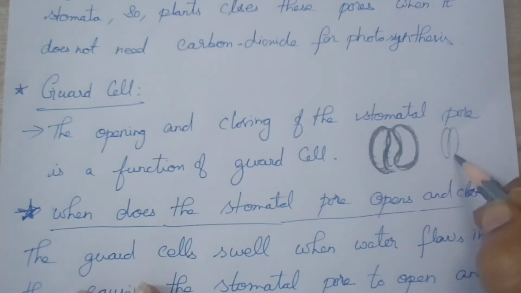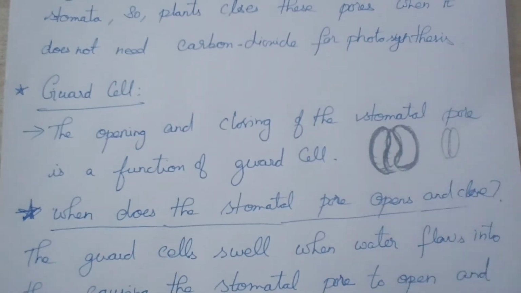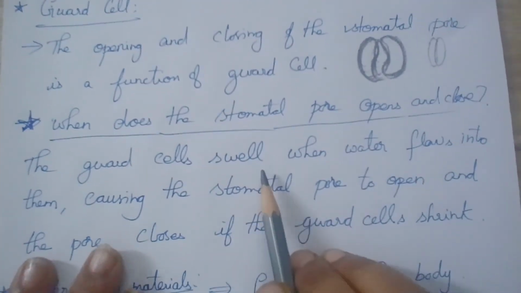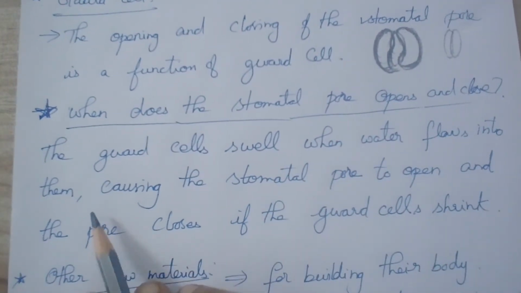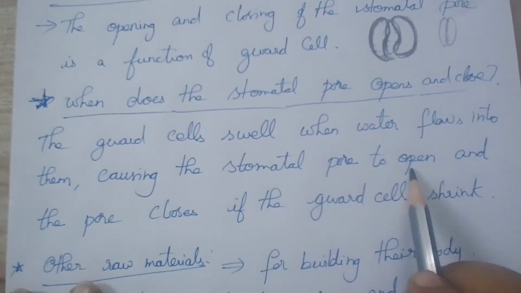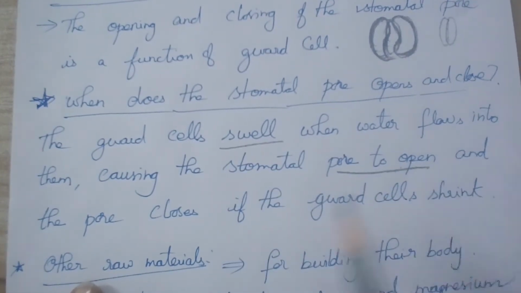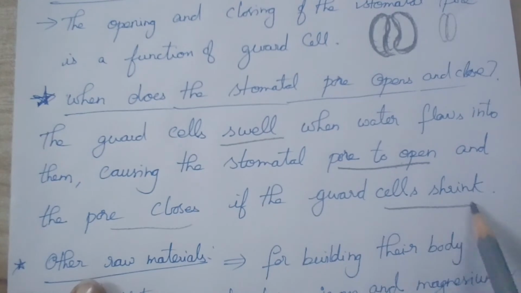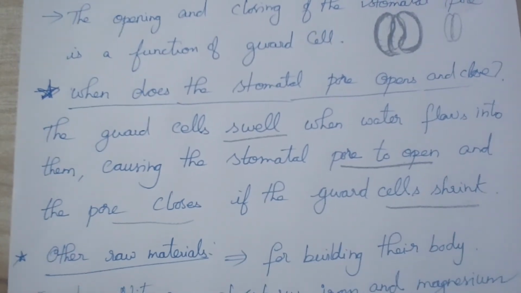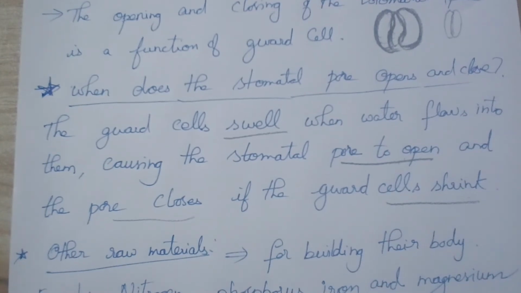If water is not there, it will close. The guard cell swells when water flows into it, causing the stomatal pore to open. The pore closes if the guard cells shrink. Stomatal pore will be closed.